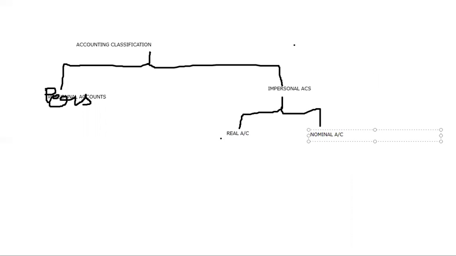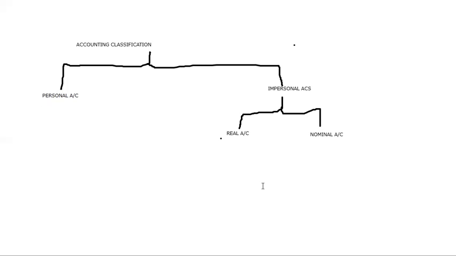So this is the overall classification of accounting. Here we call it personal, and here it is called impersonal, and the impersonal is again subdivided into real and nominal.